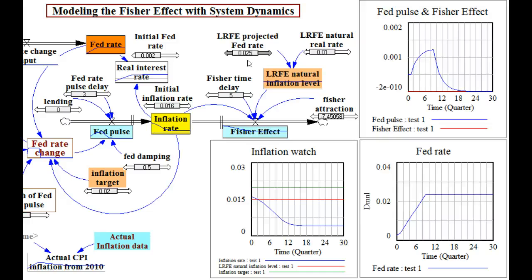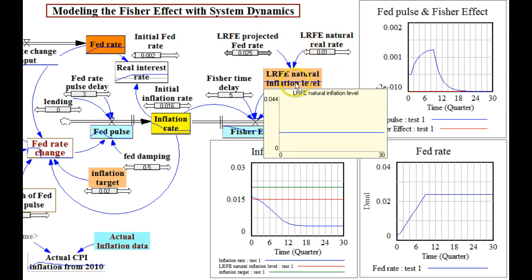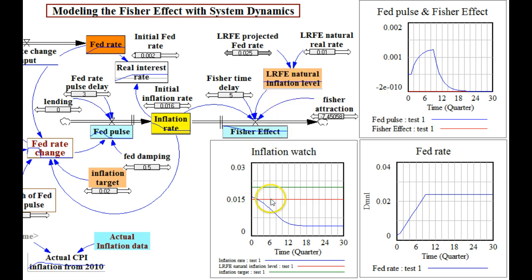Some people say maybe they'll have to go up to 3%, so we'll just keep it at 2.5%. And we'll say that the natural real rate of growth of the economy is 1% here, which will give us a natural inflation level of 1.5%, which is the difference between the 2.5% and the 1%. So this red line here shows us the natural inflation level of the Fisher effect as it goes to full employment.